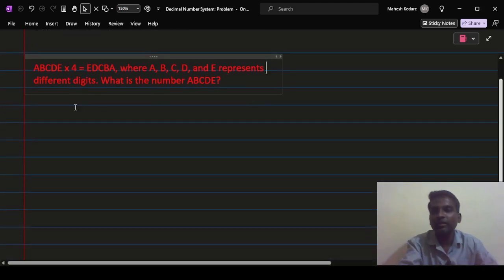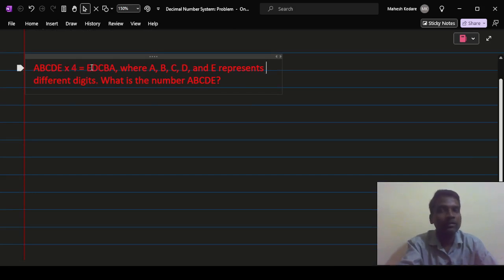We have to find a 5-digit number which when multiplied by 4 produces a 5-digit number again, but with the digits in reverse order.